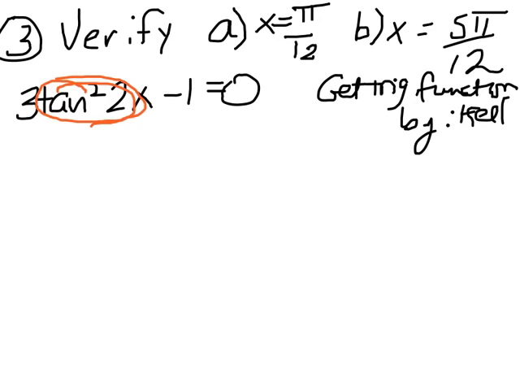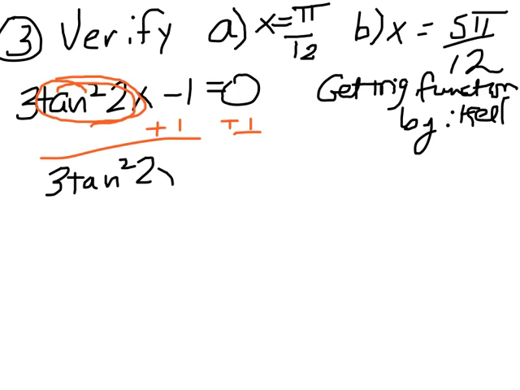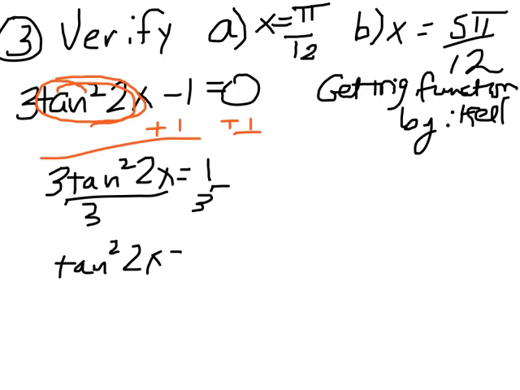So let's move the 1 and the 3 over. We would move the 1 first by adding it. So we would have 3 tangent squared 2x equal 1. And then we could divide both sides by 3. Tangent squared 2x equal 1/3. And now what do I do?